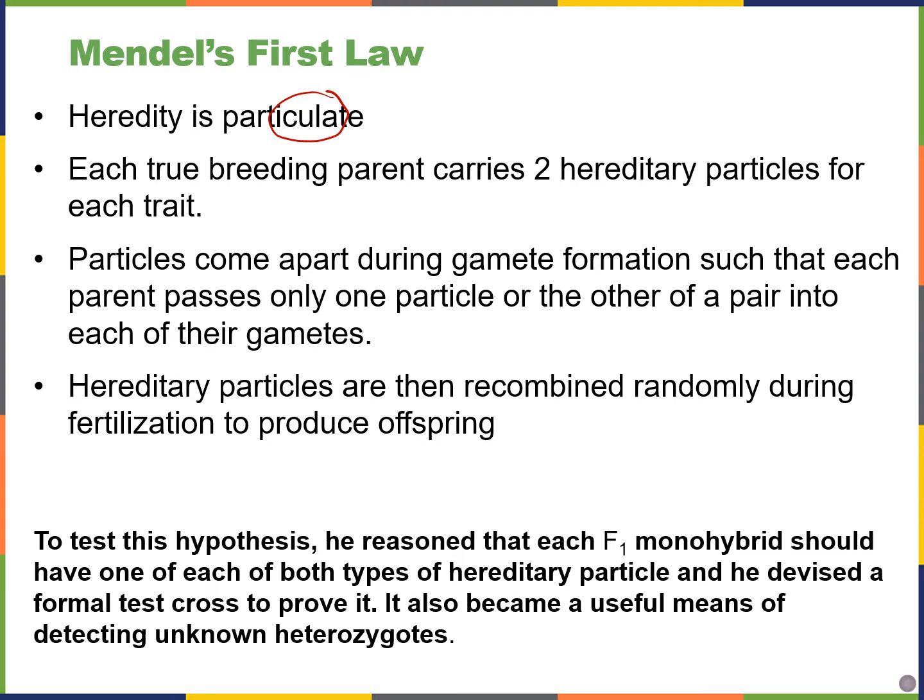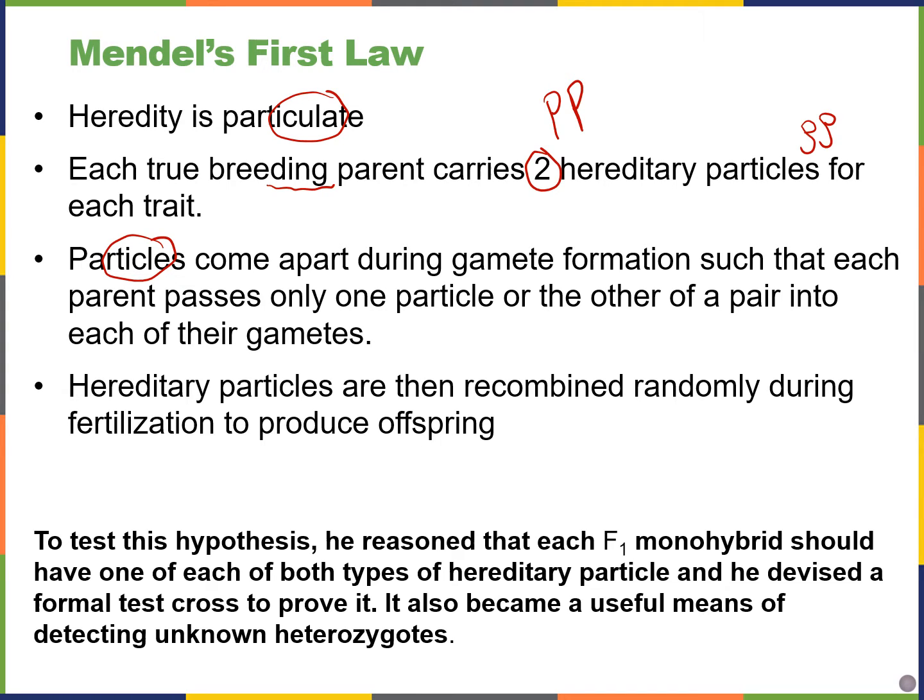about flower color. We saw that true breeding parents, like in the pea plants, carry 2 hereditary particles for each trait, such as big P, that's 2 of them, or small p when we were looking at the white flowers. Remember that these alleles, he calls them particles at this point, come apart during gamete formation.